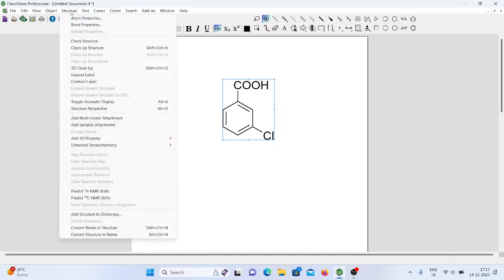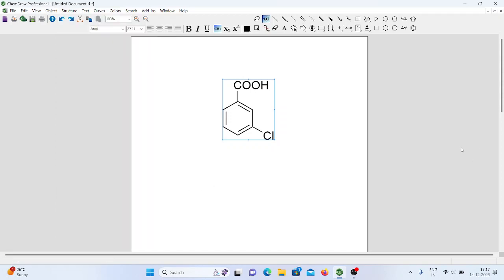Again, go to the structure option and now activate predict C13 NMR shifts. Before clicking predict C13 NMR shifts, you need to identify: C13 NMR means we can identify the C13 nucleus. How many carbons are present in the molecule need to be identified by C13 NMR spectra, right?